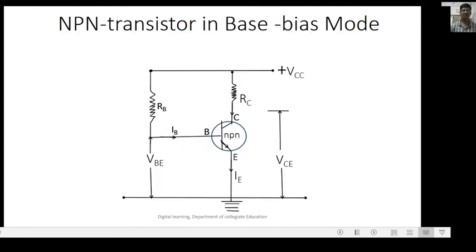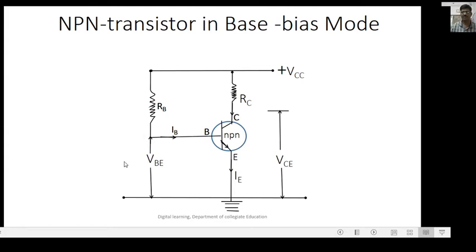So, NPN transistor in base bias mode. Here plus VCC is the battery from which we can draw the current or voltage for the circuit. Here RB is the base resistance and RC is the collector resistance, and IB is the current flowing from the battery or any other signals.